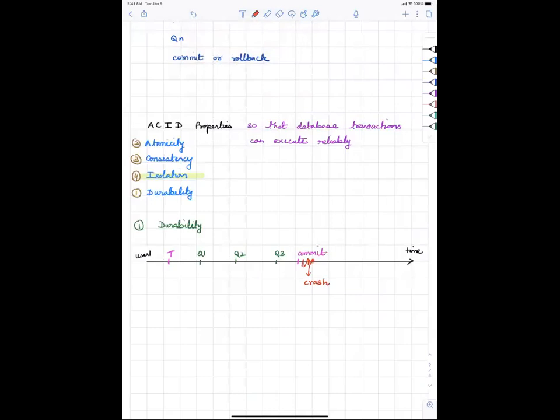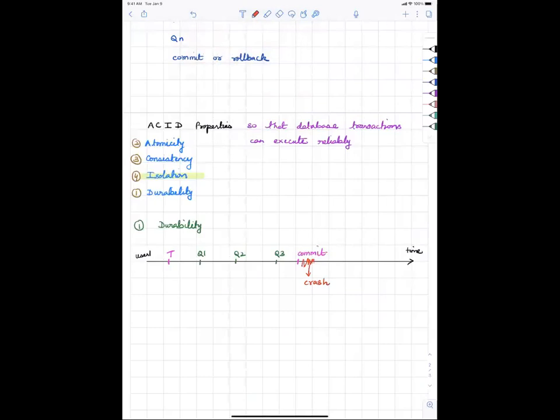All file systems have write back caches, which means they get written to the cache in the memory, the RAM, and get written to the disk later. So now that I've written a commit and the system crashed immediately after, how do I know whether this has actually got implemented? Did it get done? Did it not get done?